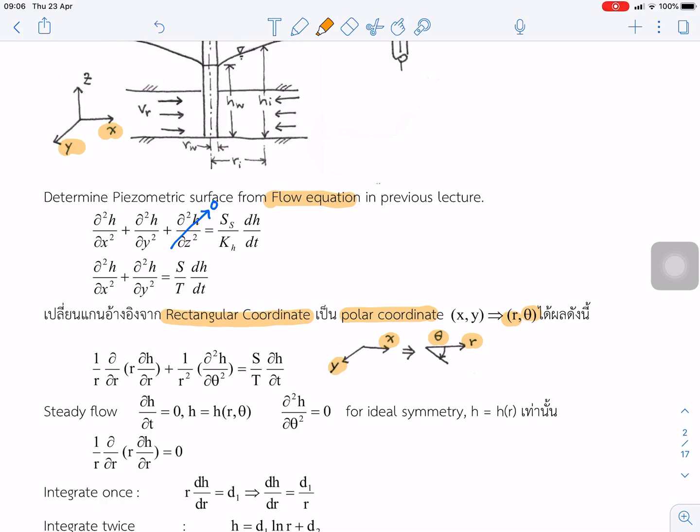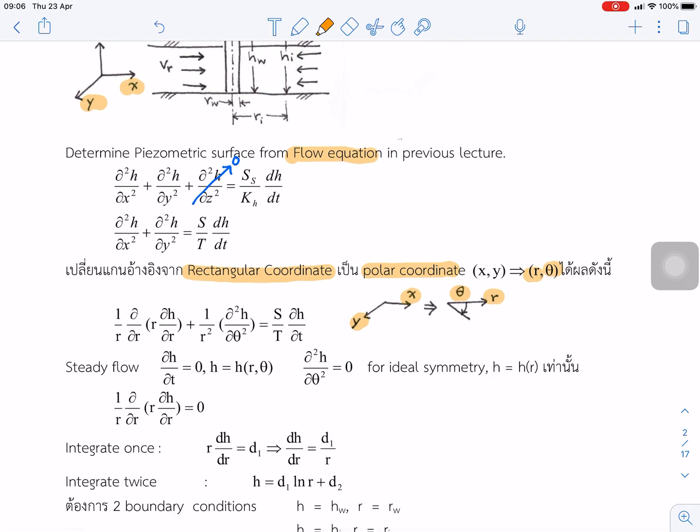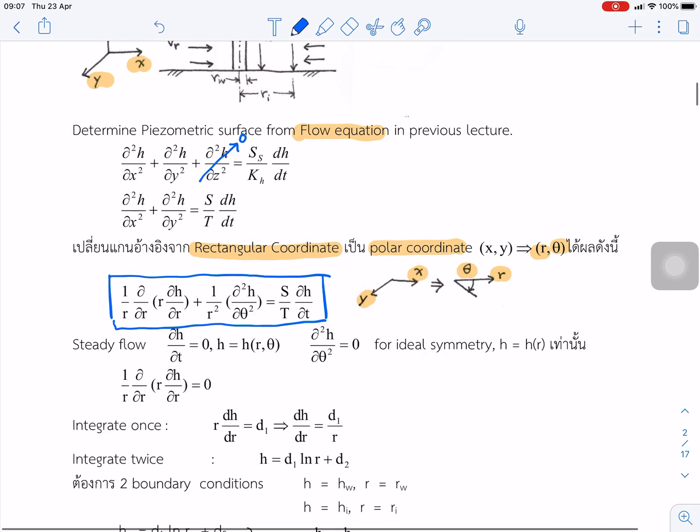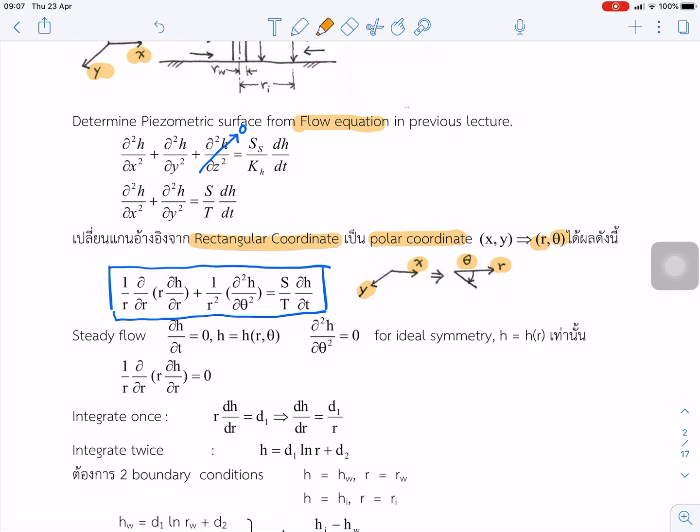So it fits this coordinate system, and we can convert both equations to this equation with respect to r and theta. If the flow is a steady flow, the unsteady term del h over del t is 0, so we can cancel this term.